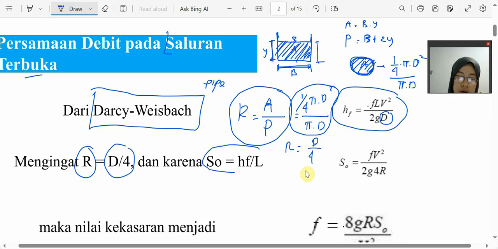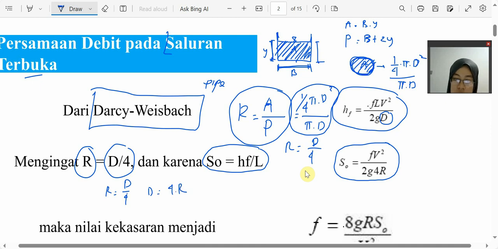And also we know that the slope of the channel is equal to the head loss because of the roughness, because of the frictions, over length. So if we write the equations and then we substitute the diameter into the R, so R is equal to D over 4, so D is equal to 4 times R, right?